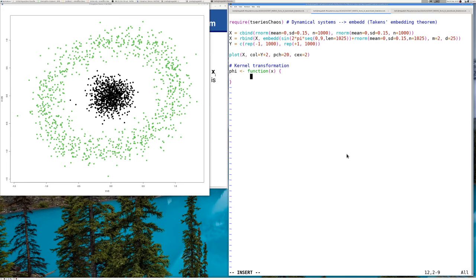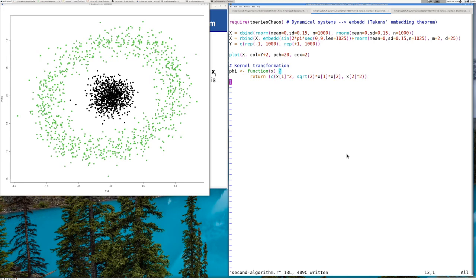And I'll return a new vector: the first element of x squared, the square root of 2 multiplied by the first element multiplied by the second element of the same vector, and the second element squared. This will be my space transformation.